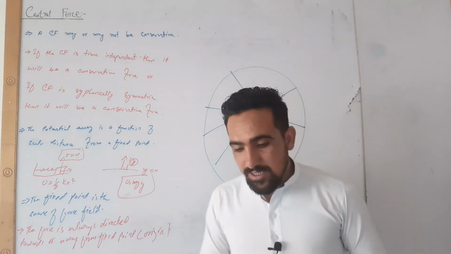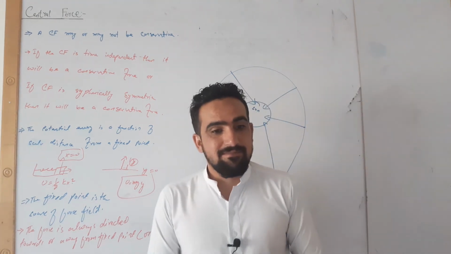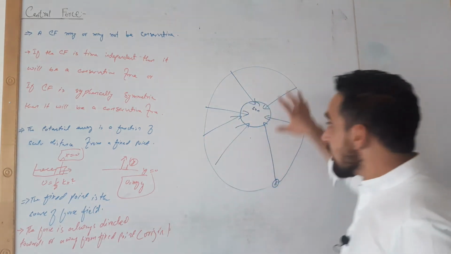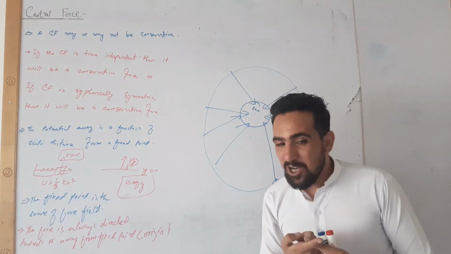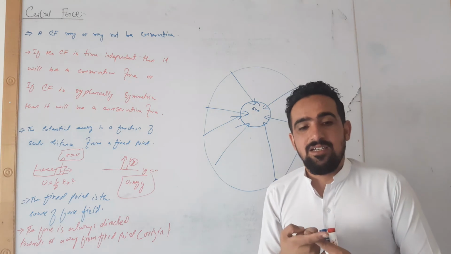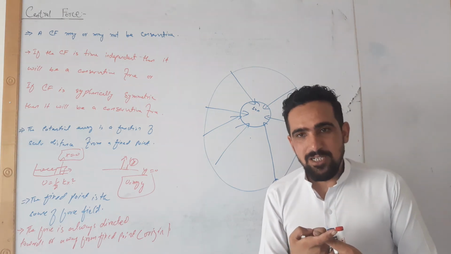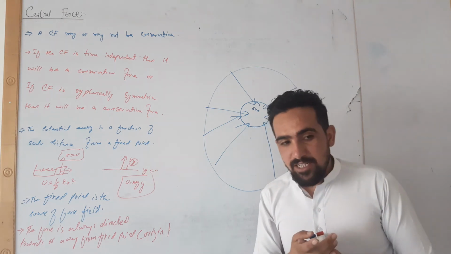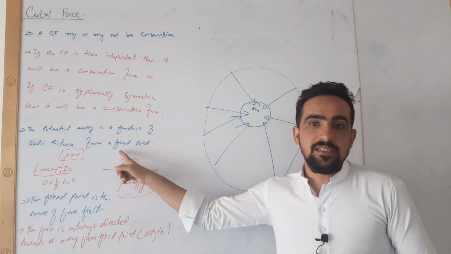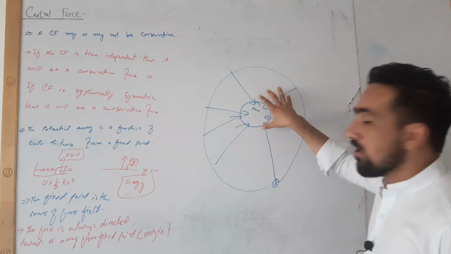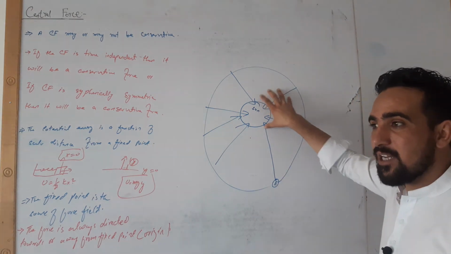So it is a central force, and this is gravitational force. It could be derived from a potential, and the potential energy depends on the scalar distance r. So this is a central force involved here.